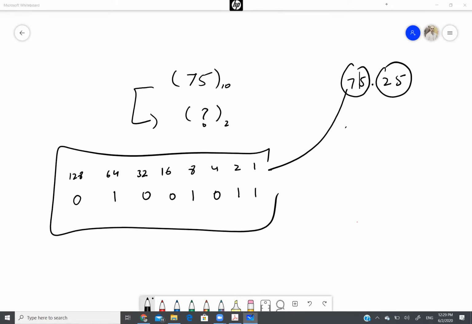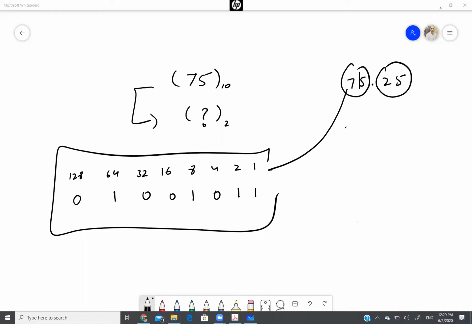And how to take care of this part? 0.25. Now this is a crucial point. Just like we know that the powers go like this, it doubles every time, 1, 2, 4, 8, 16, 32, 64, 128, when we move from right to left.